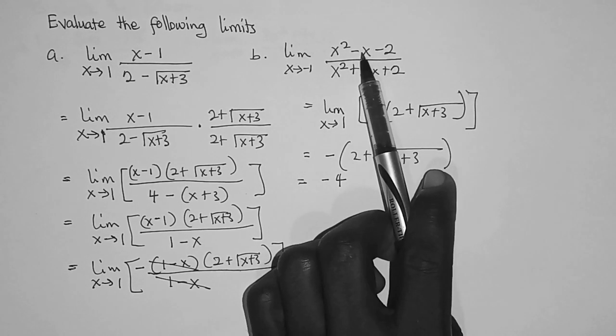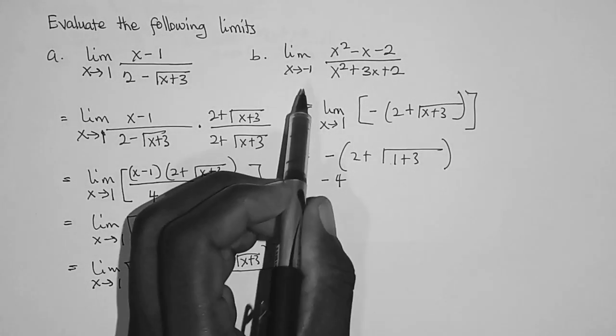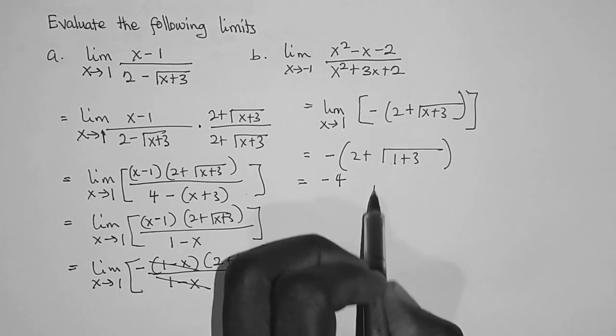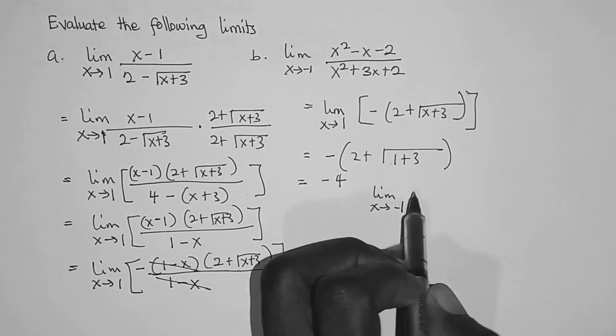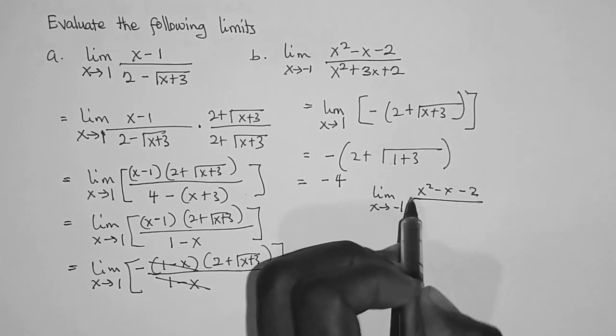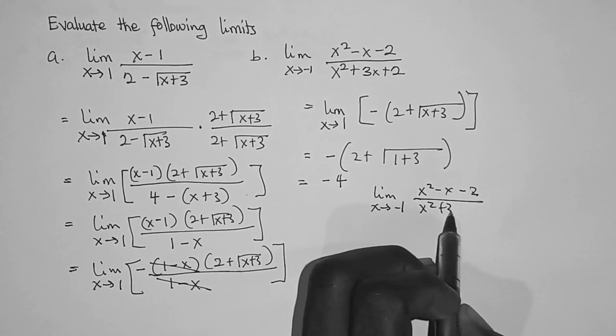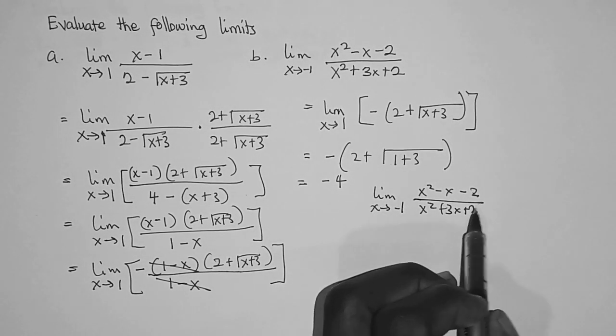So it is minus 2 and 1. So let me write it here. We are solving limit as x approaches minus 1 of (x squared minus x minus 2) divided by (x squared plus 3x plus 2). So here is minus 2 and then 1.